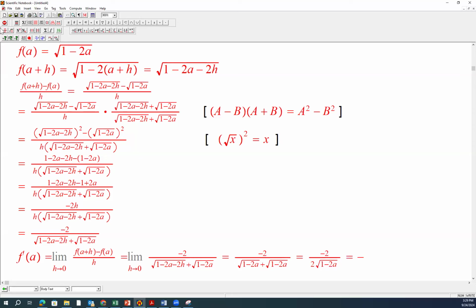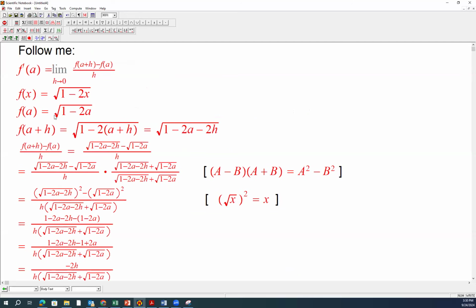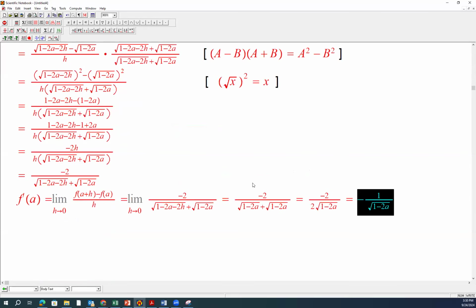We get negative 1 over root of 1 minus 2a. So that's the derivative at a by the formula we just used. Okay, and of course you can use the other formula. All right, thank you for watching.